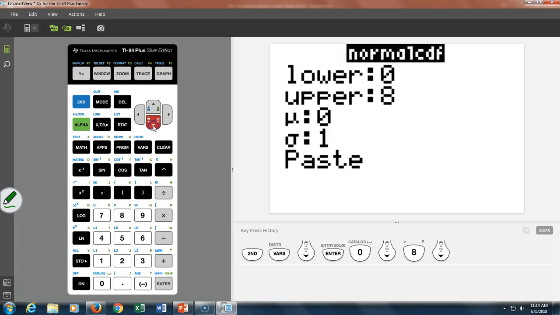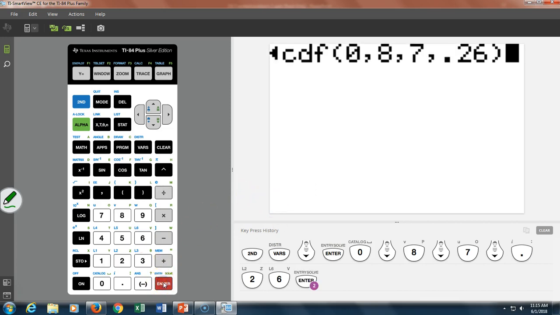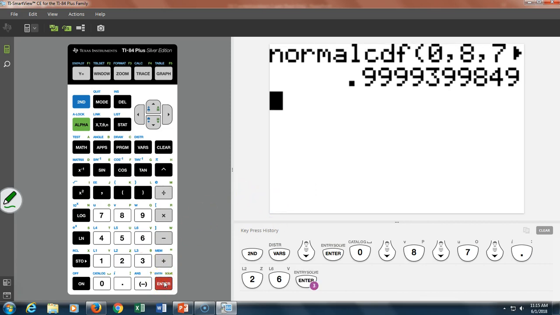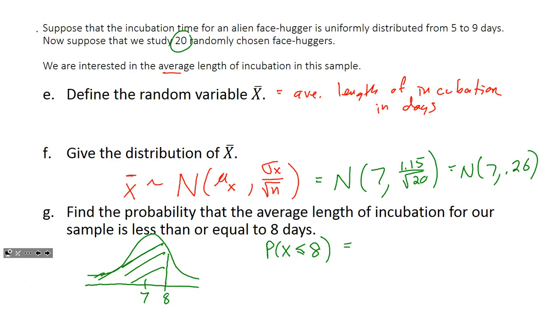Our mean, we saw, of course, was 7 days. And our standard deviation that we have to work with is the 0.26. All right. And what are we going to get for that? To 4 decimal places, 0.9993. So, in other words, we can assume that it's almost certain.